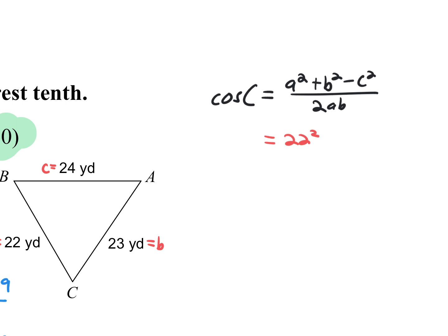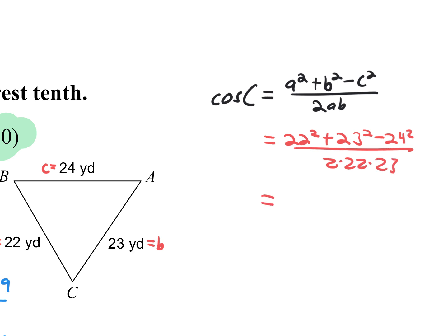22 squared plus 23 squared minus 24 squared over 2 times 22 times 23.